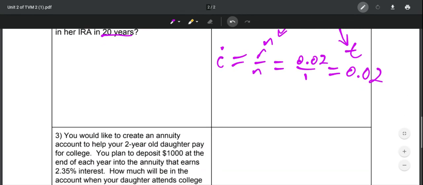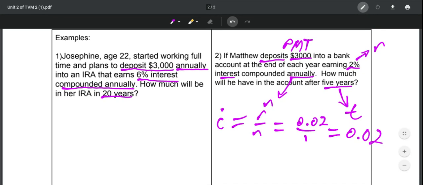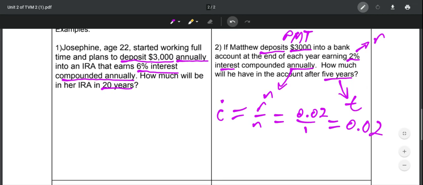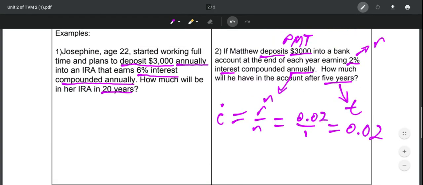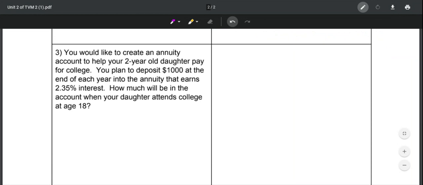All right. And you'll plug it into the same formula that we just used. So this is going to be a future value one. I would have that formula written out so you could see it, look at it, and just plug stuff in. So everything we just labeled, we're just going to plug in. So it should look like this.